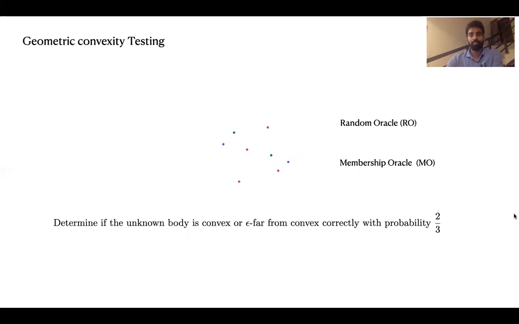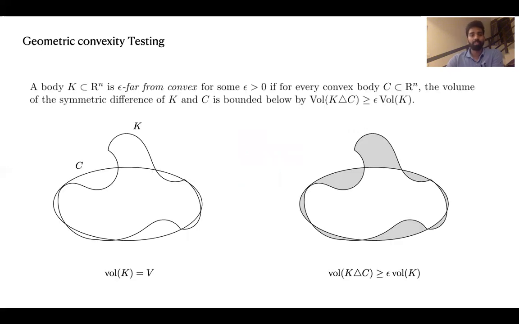And what do we mean by far from convex? We say a body is epsilon far from convex if for every convex body, the volume of the symmetric difference between the body K and the convex body is greater than epsilon times the volume of K. That's a formal definition.